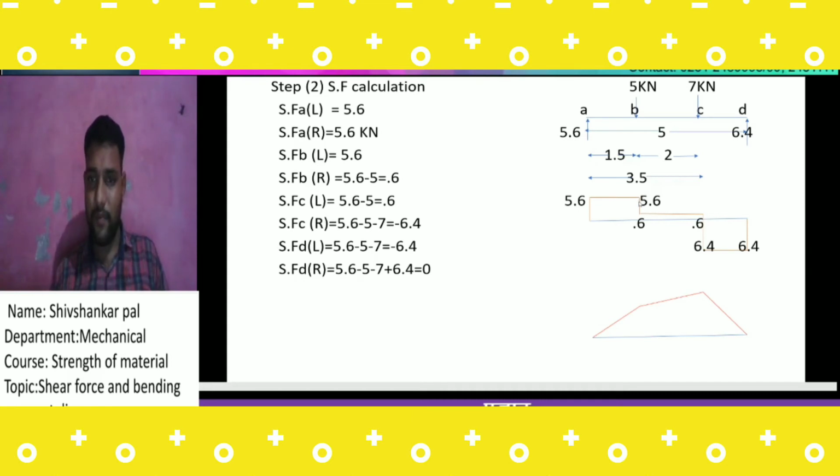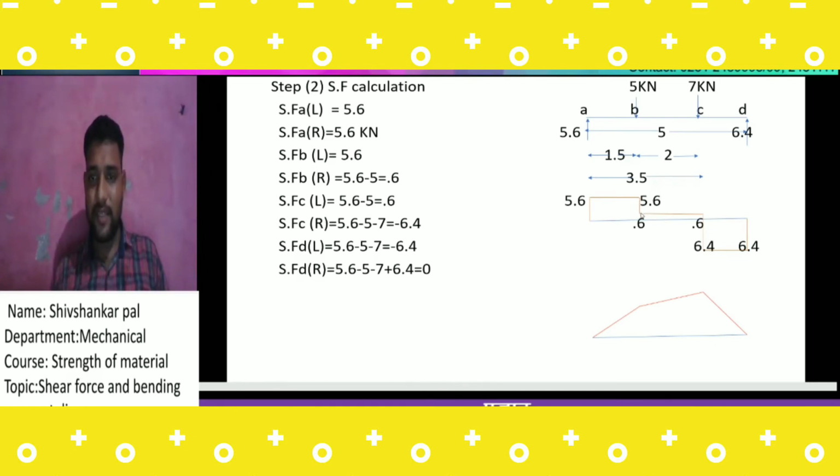Just to the right we obtain 0.6. So at point B there are two shear force values: first is 5.6 and second is 0.6. So I draw down in our graph from 5.6 to 0.6.